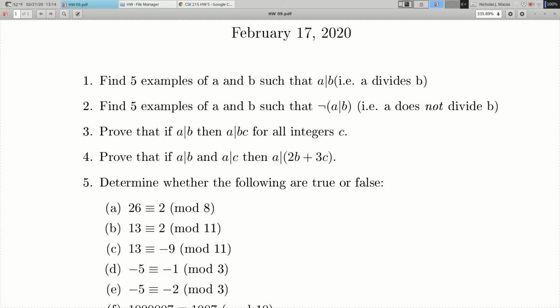That would be that A equals B times some constant C plus the remainder. And A mod B is equal to the remainder. Kind of have that in our heads as we go through this.